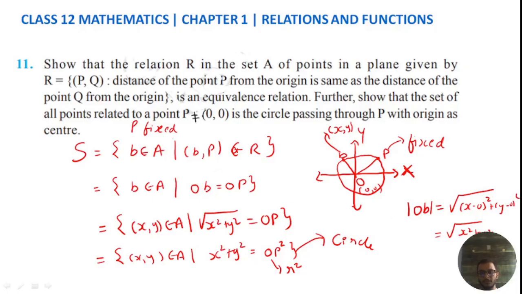It will be under root of x square plus y square, where B is some point x comma y, right? While writing this in brackets, this means that you are giving some reason. Okay, so B is some x comma y. So you had shown that under root of x square plus y square is OP. This means that x square plus y square is OP square, and this is the definition of a circle.